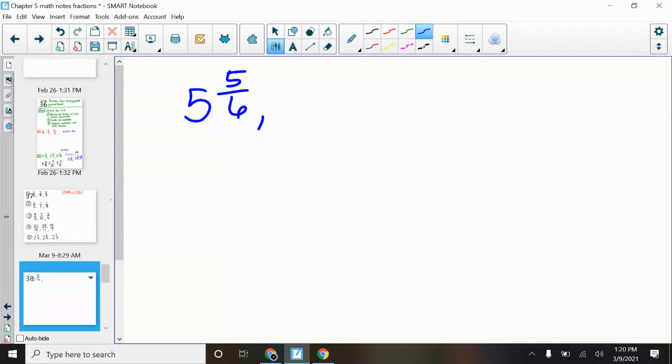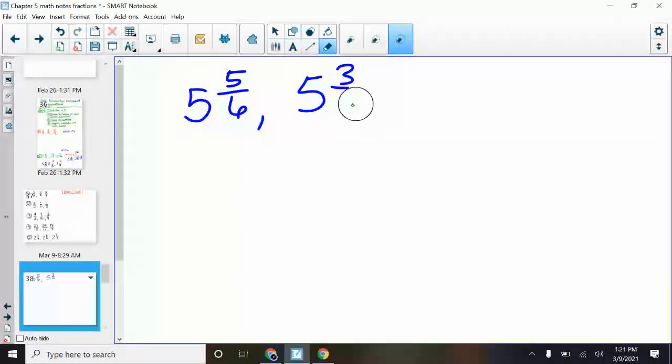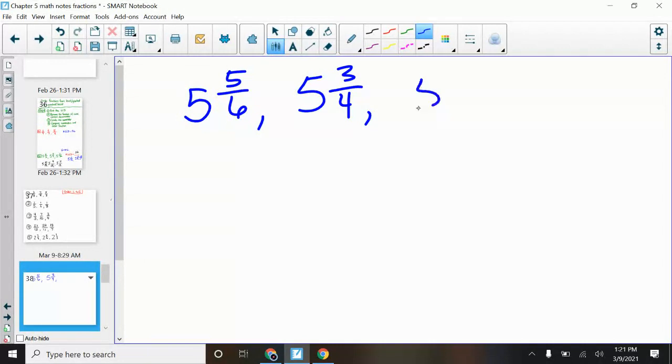Your second one. 5 and 3/9. No. I'm trying to use my example from earlier. I think. No, it's 4. It's 4. Sorry. 5 and 3/4. And then the last one is 5 and 11/12. Okay?